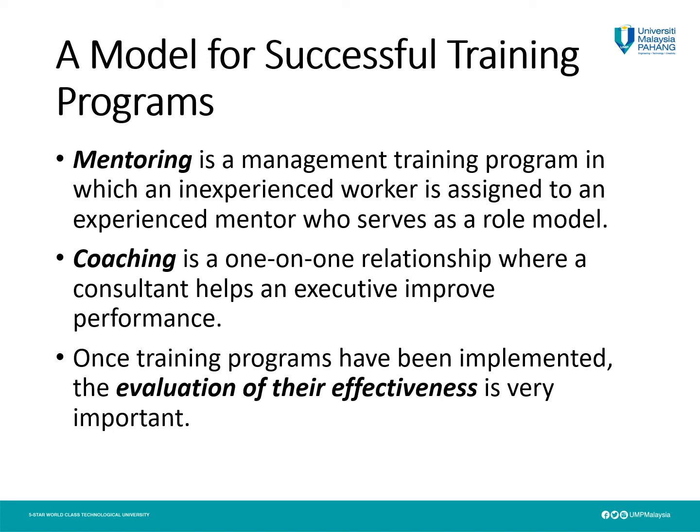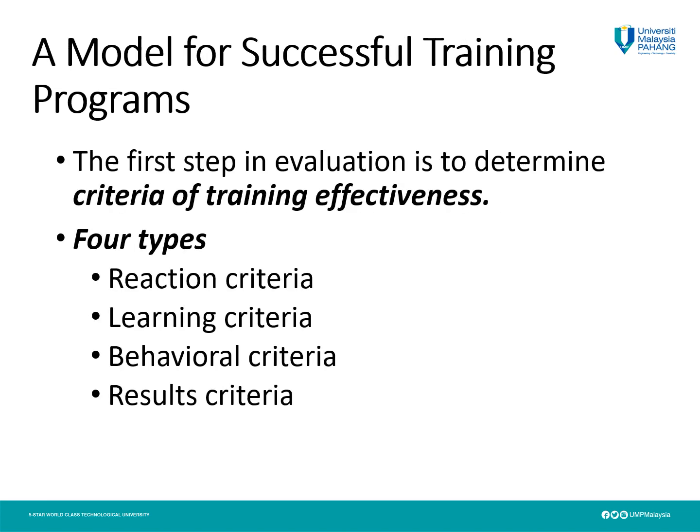Next, once a training program has been implemented, the evaluation of its effectiveness is very important. The evaluation of a training program should first outline the criteria that indicate the program's success and also develop the means for measuring these criteria.